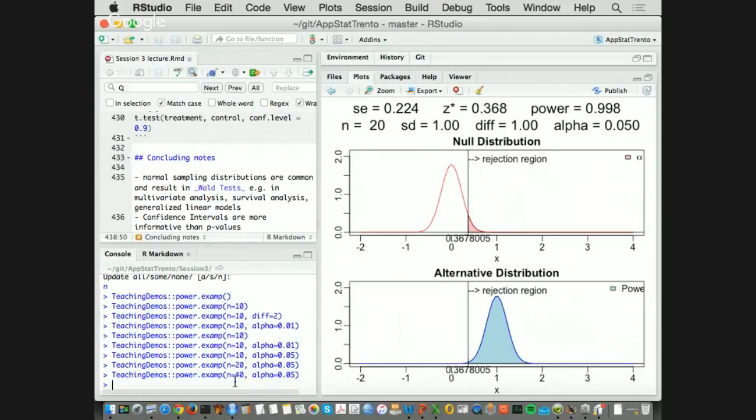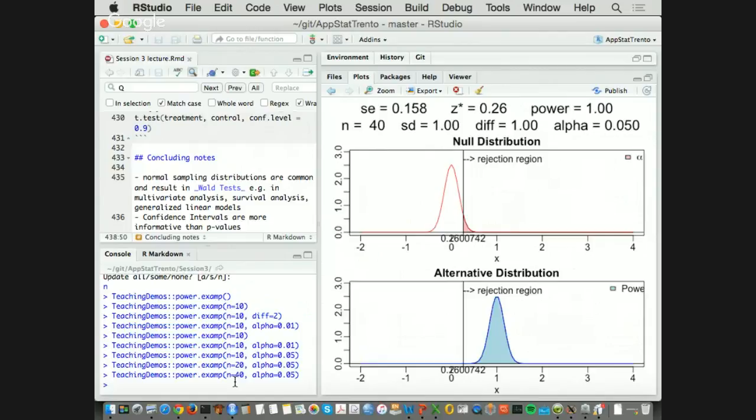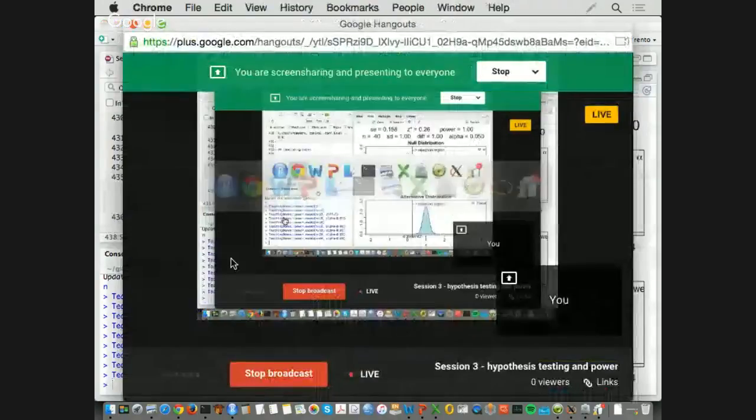Let's put in 40. So as we increase sample size, the rejection region is moving to the left because the null distribution is getting narrower, and the alternative distribution is also getting narrower. So there's less and less overlap where you would fail to reject the null.